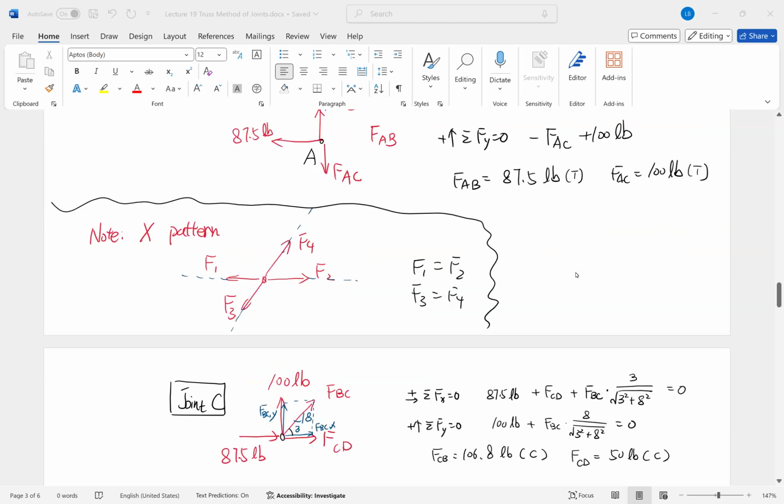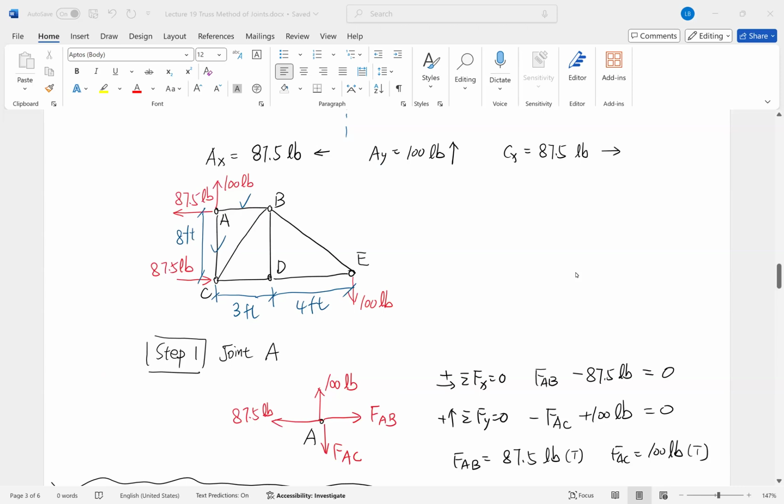It is good that you mark those forces that you have already solved with a correct sign here. So now we've already solved the member forces in AB, AC, CD, and CB here.